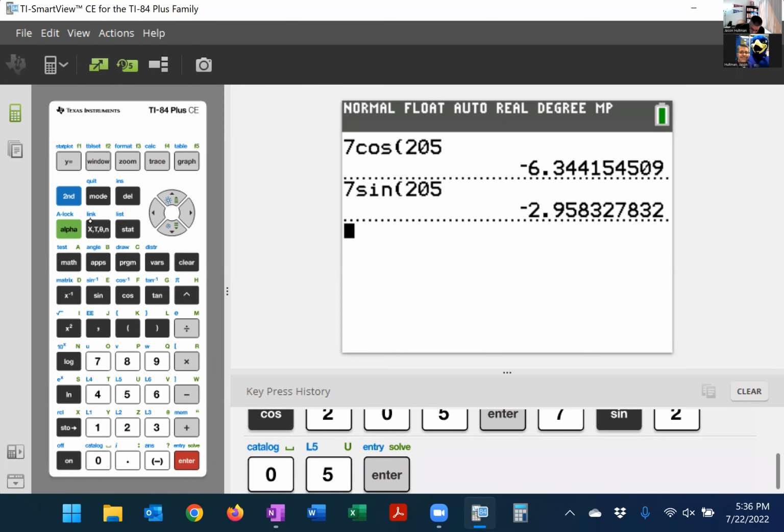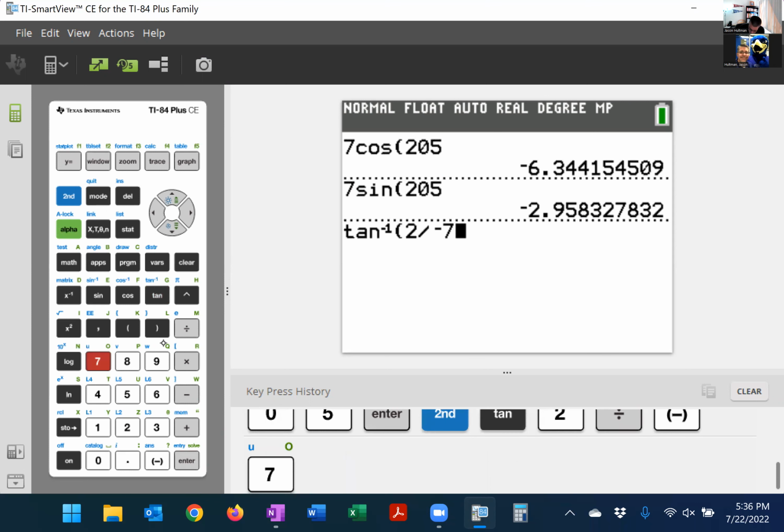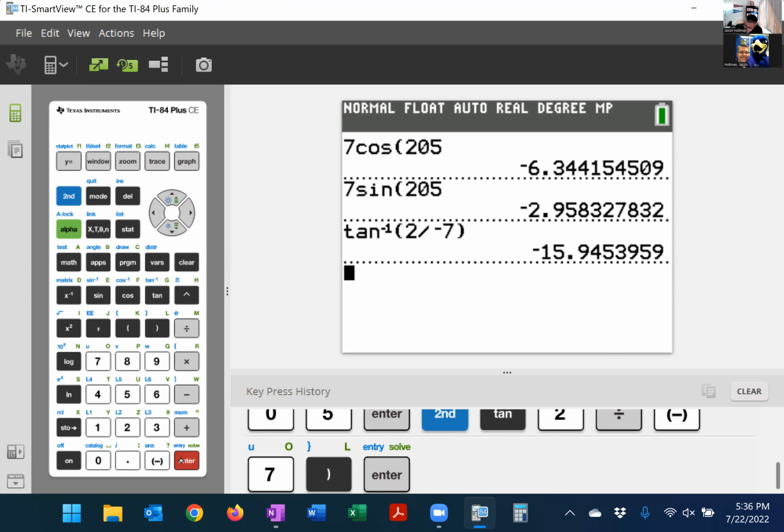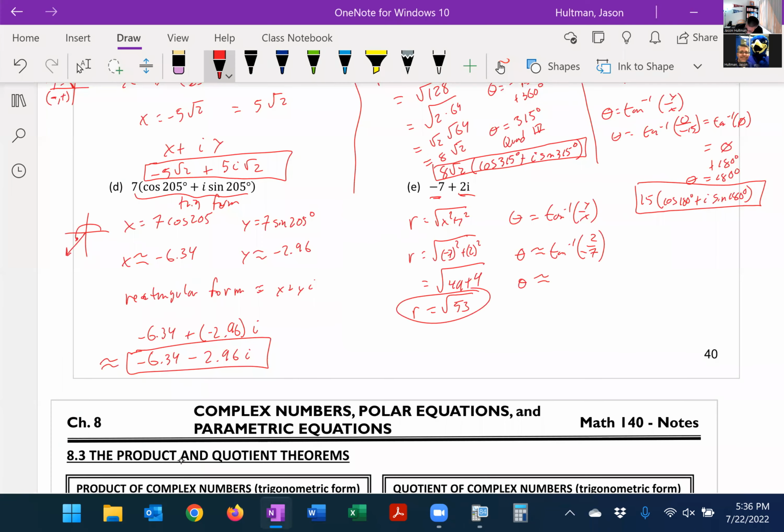I'm going to go inverse tangent of 2 divided by negative 7, and it gives me negative 15.95 degrees, which is in the fourth quadrant.